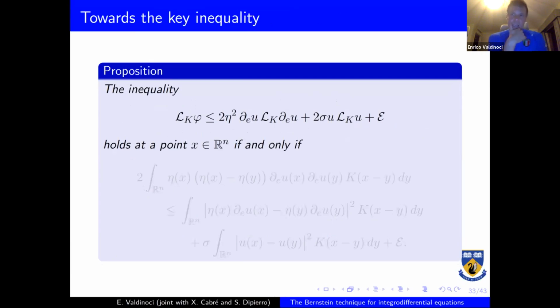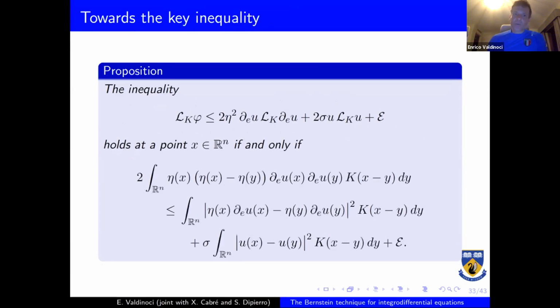As I was saying, there are two critical steps in the proof. The first is to prove the equivalence between some kind of Bernstein type key inequality and another version of the inequality in which the right-hand side has only positive terms.